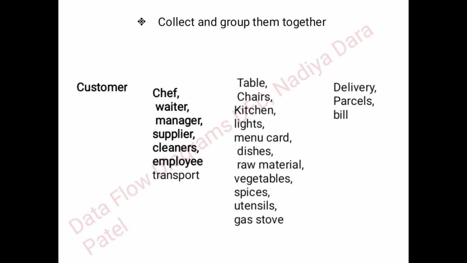So you can now think about what symbol I should use to depict them. So customer cannot be a process. Chef cannot be a process. A process is something which is taking some information or something, making some changes to it and producing something.